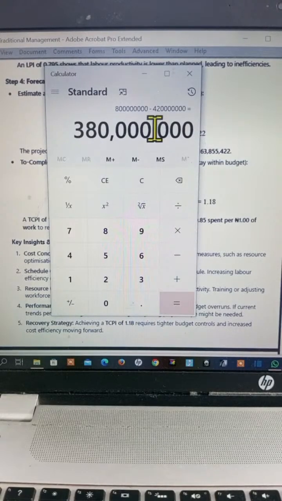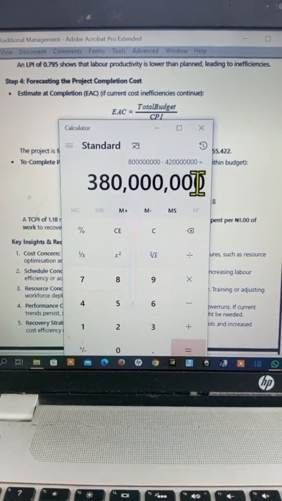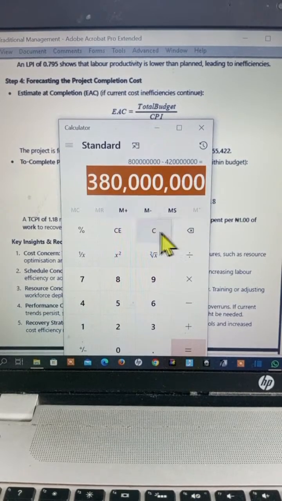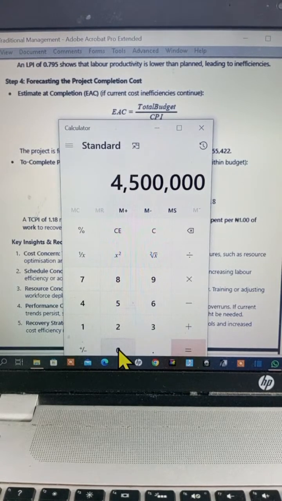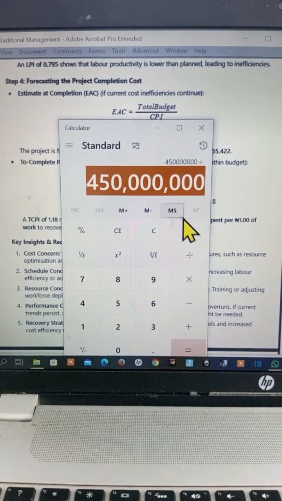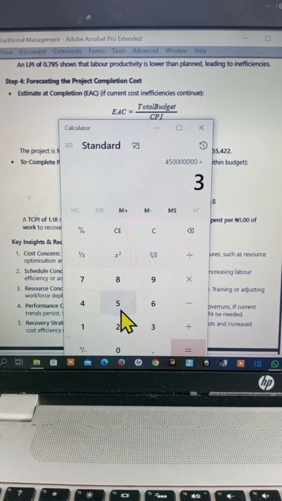So if you have these two, what did we have at the first one? We'll divide these two, which is 450 million divided by 380.